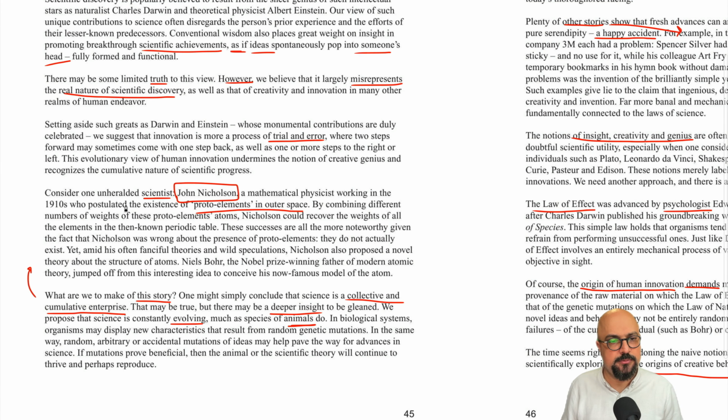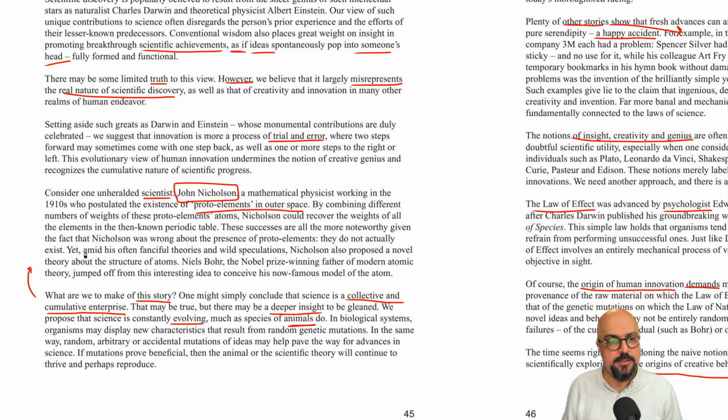Working in the who to existence of blah blah blah, by combining different numbers of weights of these per two elements, could recover the weights of all the elements in the then known periodical table. Recovered the. These successes are all the more noteworthy given the fact that I was wrong about the presence of proto-elements.